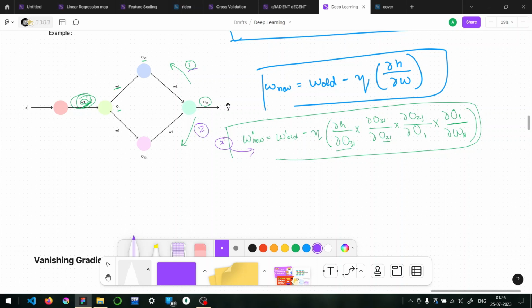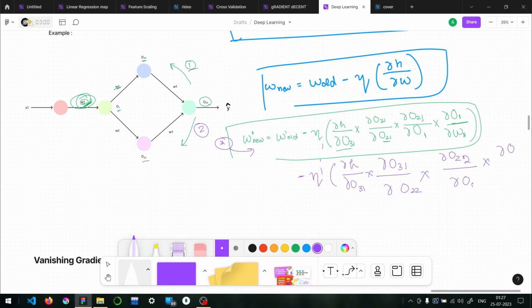So let me write the second one. Up to here we have the same equation, right? Minus learning rate into the partial derivative of the loss with respect to O31. Then after that, O31 with respect to O22. After that, the partial derivative of O22 with respect to O1.